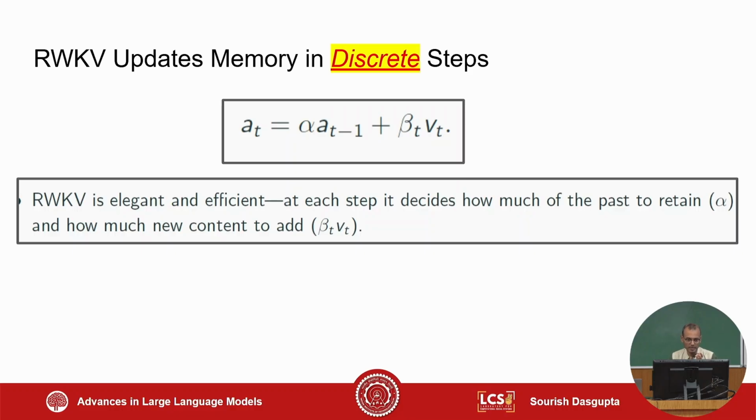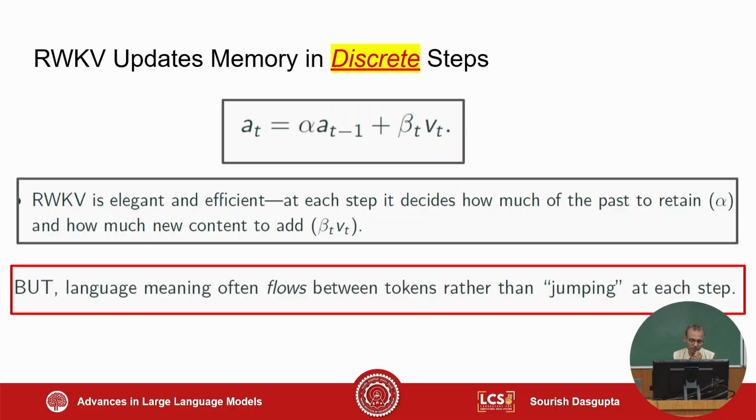However, as we saw, it starts forgetting the past. But the problem is that language meaning flows almost like a fluid between tokens, and semantic drift doesn't really happen as a jump at every token boundary.